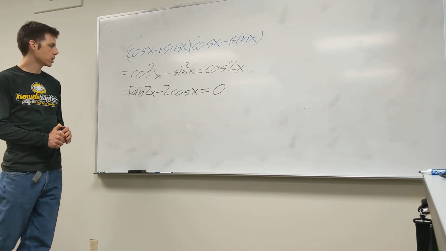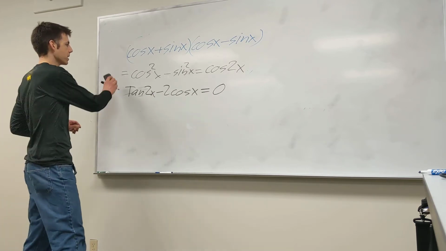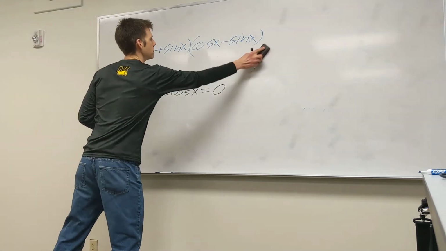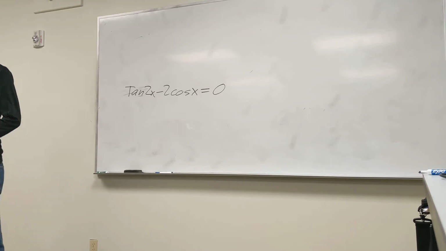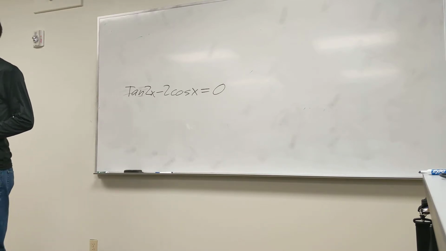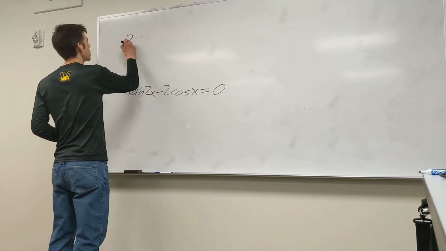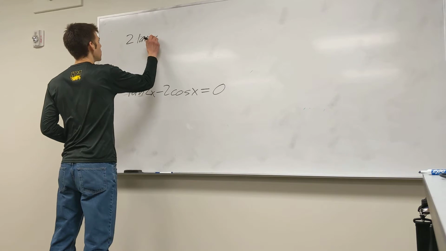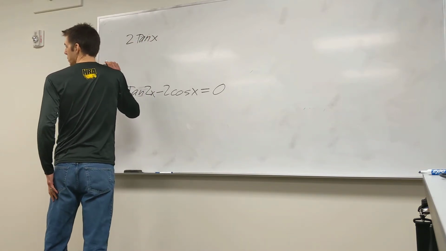All right, so let's go back to a solving one. Solve this equation here for x. So, tangent of 2x right there, right? Tangent x over 1 minus tangent squared x.